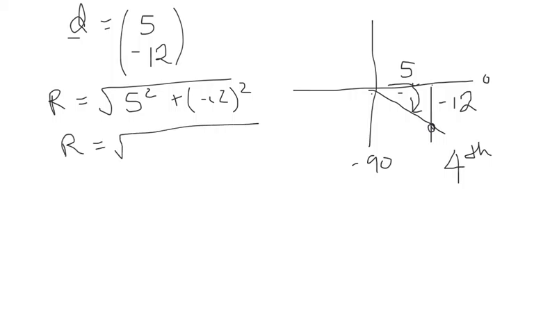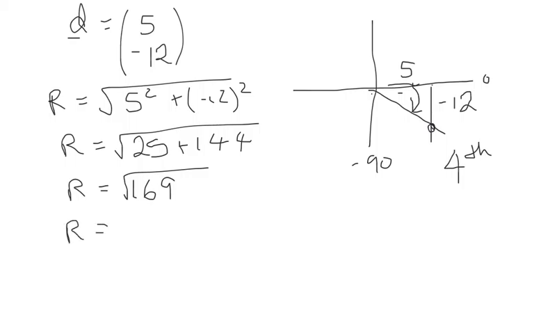So we'll go back, work out the magnitude, 5 squared plus -12 squared. So it's the square root of 25 plus 144. So r is the square root of 169. R equals 13. Over here we do the inverse tan of 12/5, which gives us 67.4 degrees.